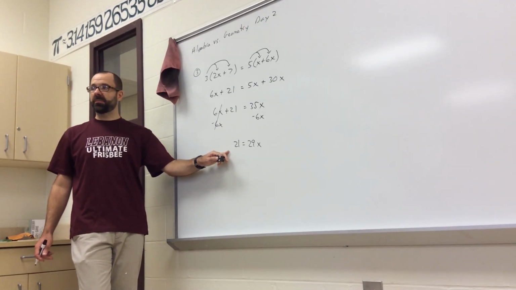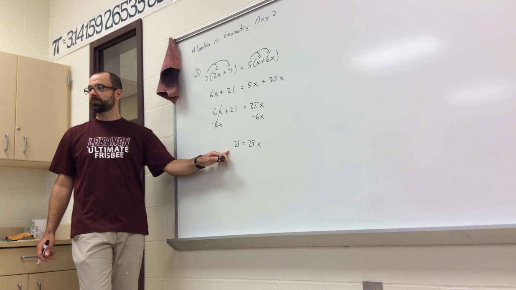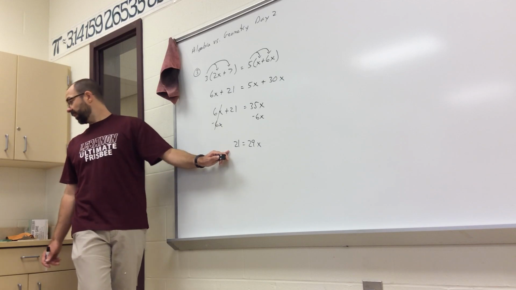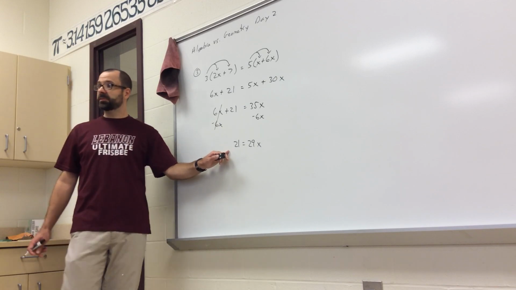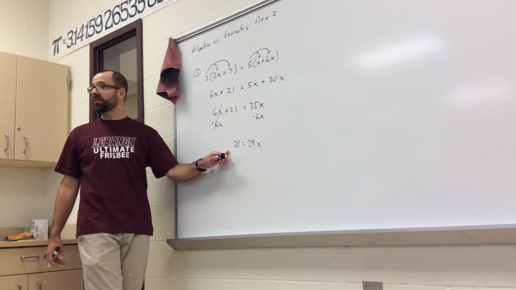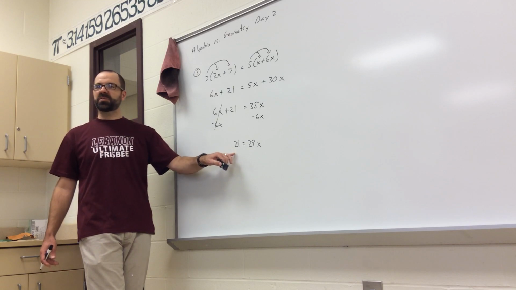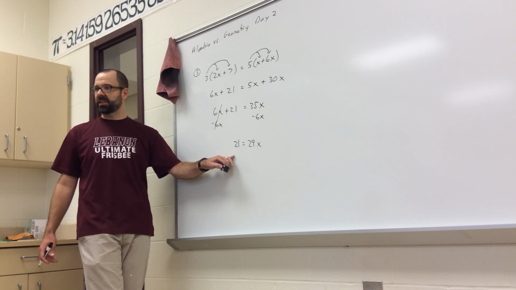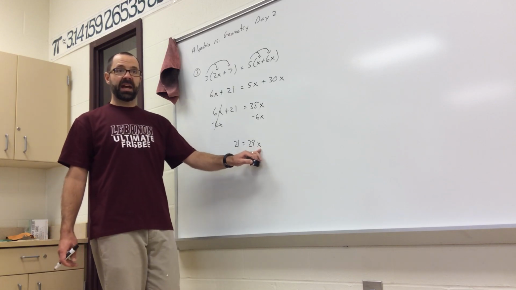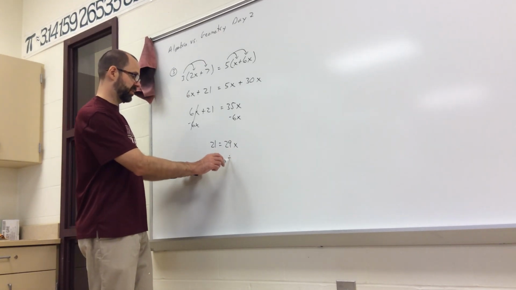And then what's the last step? Yes, Emma. Good. What should I divide by? Good. Divide by 29. Sometimes people accidentally divide by 21 because it's over here on the left, right? But since the 29 is with the x, that's why we divide by the 29.